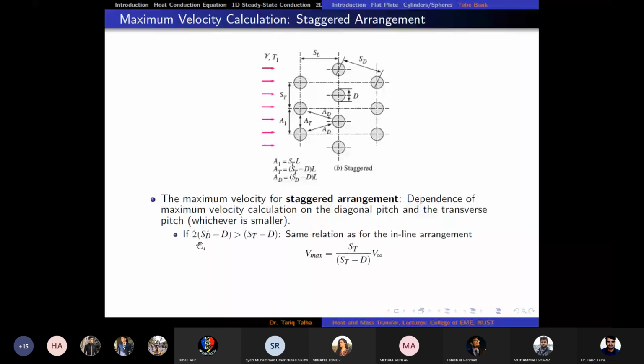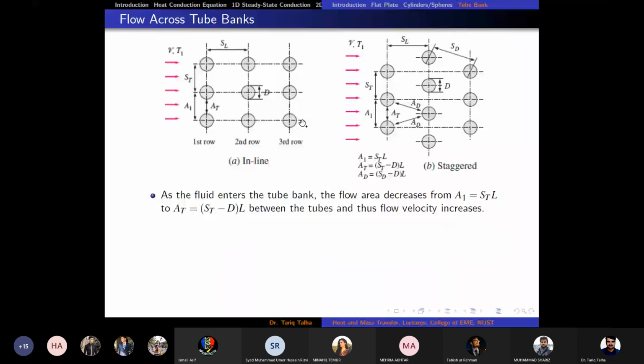If 2 times SD minus D is bigger than ST minus D, then the maximum velocity still occurs at this location, which is ST minus D. So the same relation for Vmax applies, which is ST divided by ST minus D. But if SL is very small and ST is very big, then there can be a situation as was evident in the figure shown here.